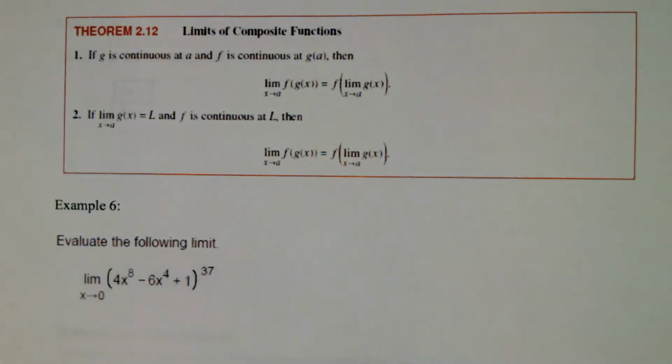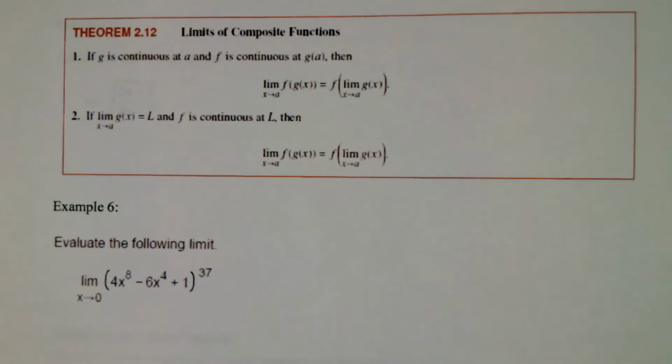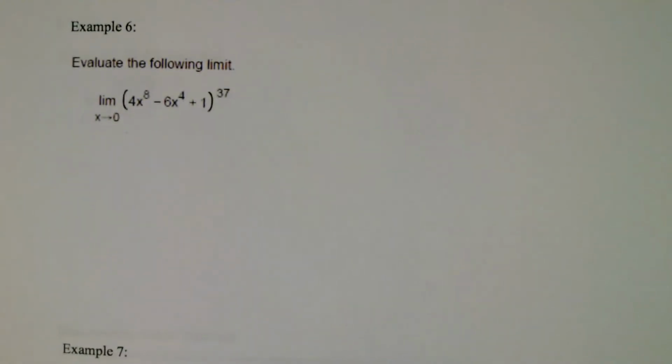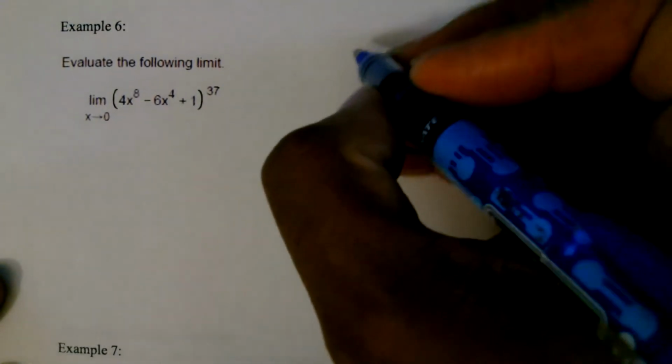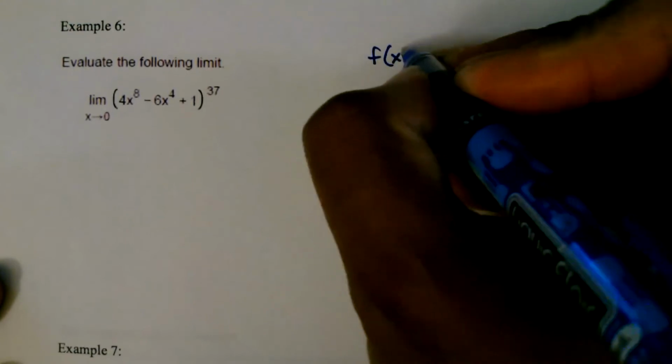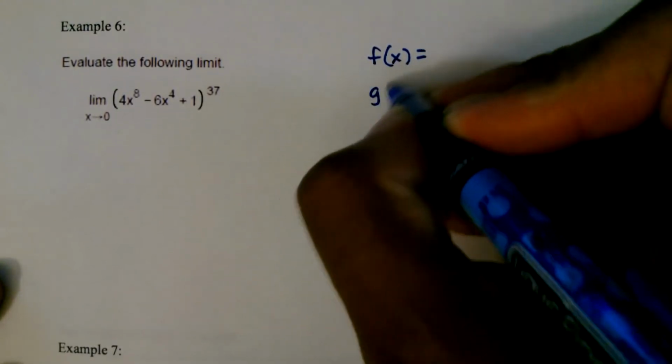All right, so in this case, let's start with example 6. Let's say I want to find the limit as X approaches 0 of 4x to the 8th minus 6x to the 4th plus 1, and that quantity is to the 37th power. I'm going to identify two things, f of x and g of x.